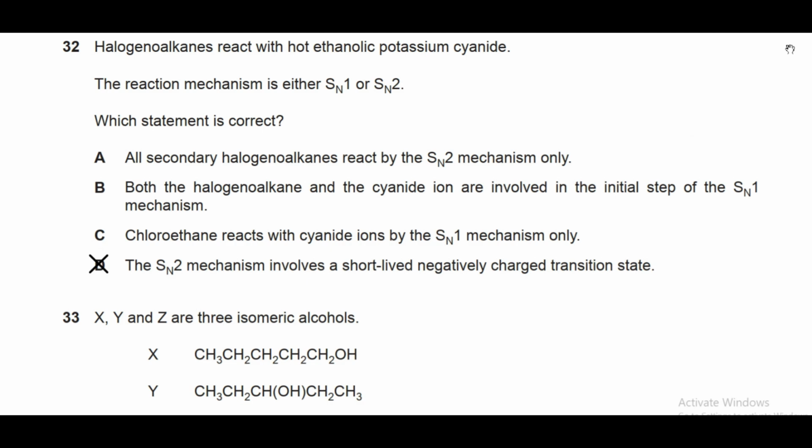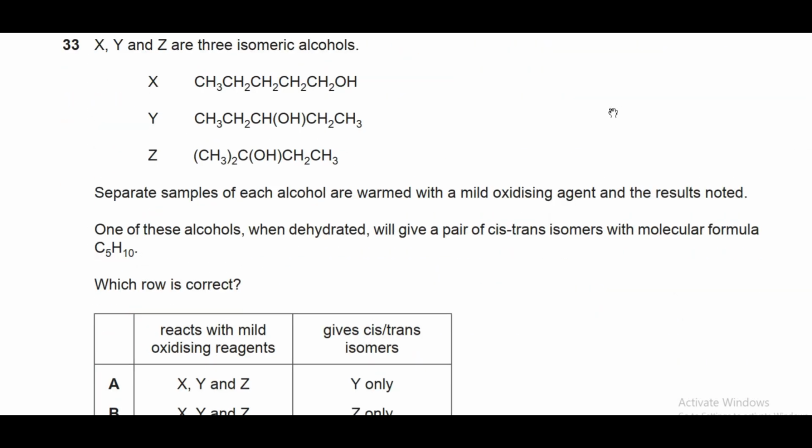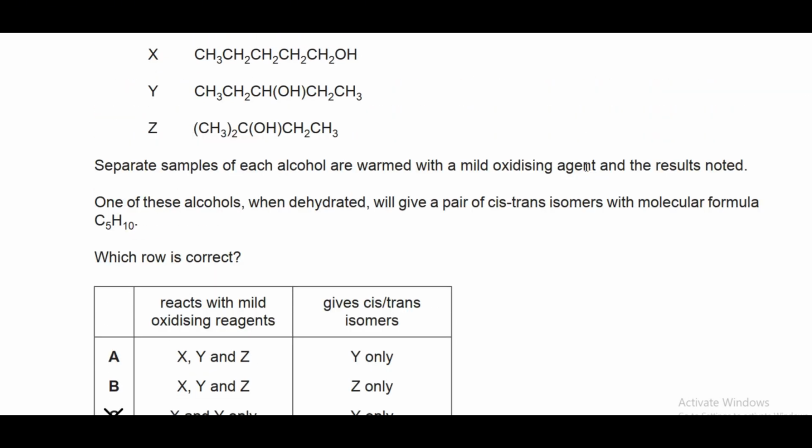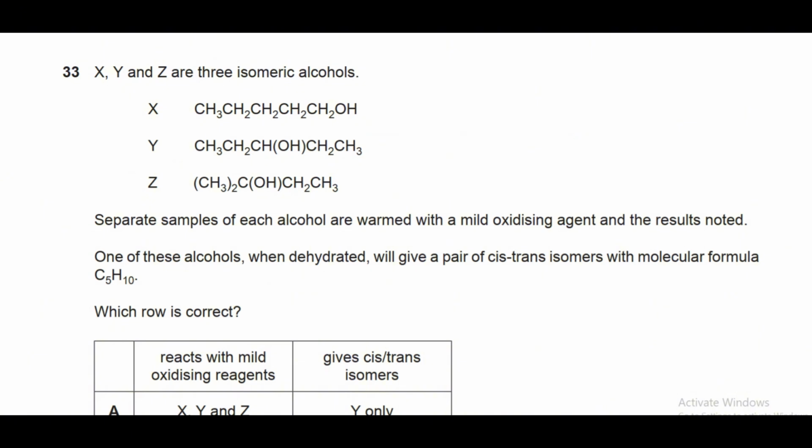Next, 33. X, Y, Z are 3 isomeric alcohols. This is a primary alcohol, secondary alcohol, this is a tertiary alcohol. Separate samples of each alcohol are warmed with a mild oxidizing agent, and the result is noted.